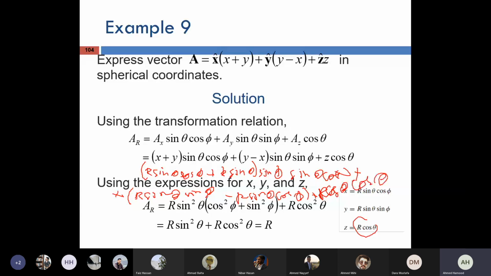Once you do all this, you will get r sine square and cosine square, and this will be equal to r out, sine square plus cosine square is equal to 1, so at the end it is equal to r. So the first ER is converted to R.